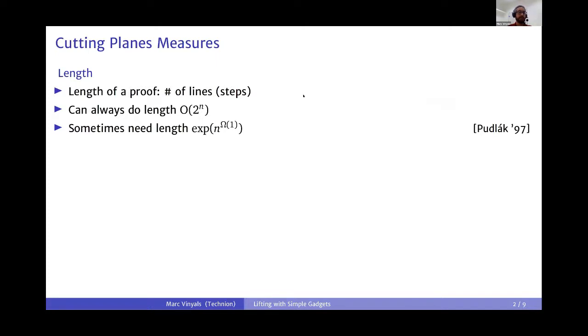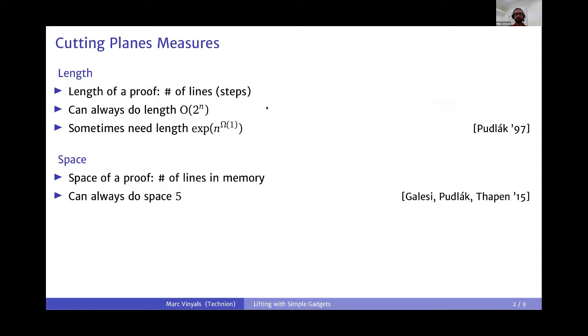And there are also some formulas where an exponential length is actually needed. Then we are also interested in the space, or memory. The space of the proof is the number of lines that the verifier that's verifying the proof needs to keep in memory at all times. And somewhat surprisingly, it turns out that for any formula, there exists a proof that just needs to use space 5.